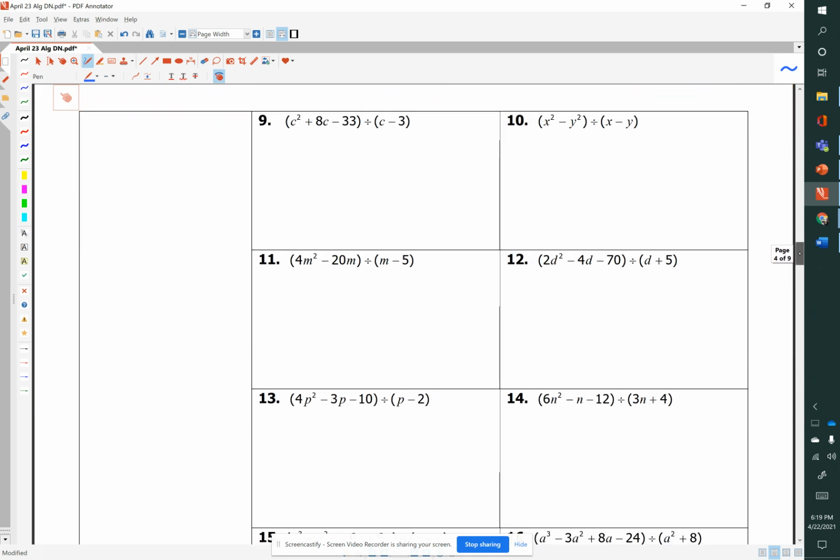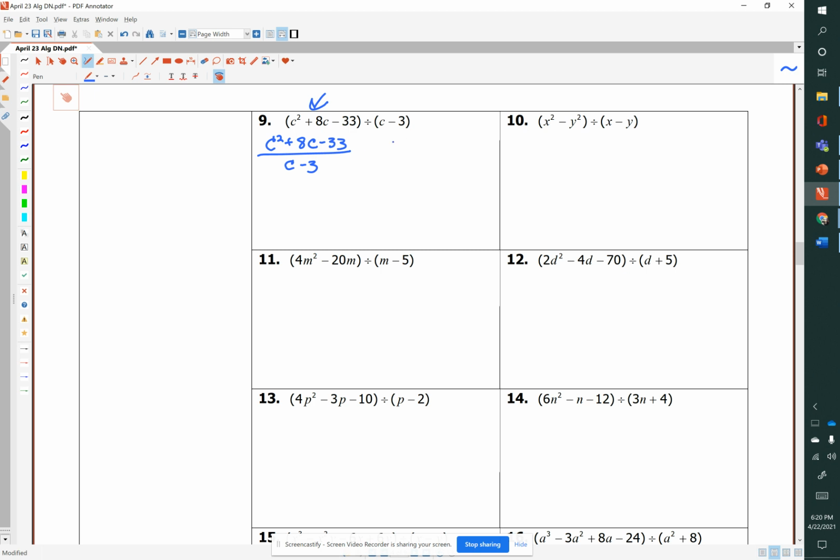So let's do another group. Now these, all they've done is written them differently, okay? So this would be c squared plus 8c minus 33 divided by c minus 3. And when we factor this trinomial, we have two numbers that add to 8 and multiply to negative 33.